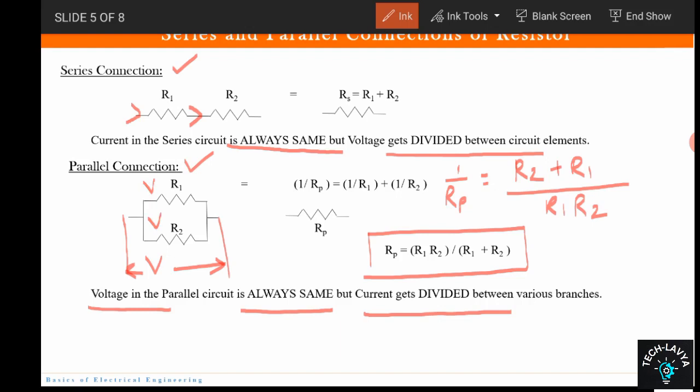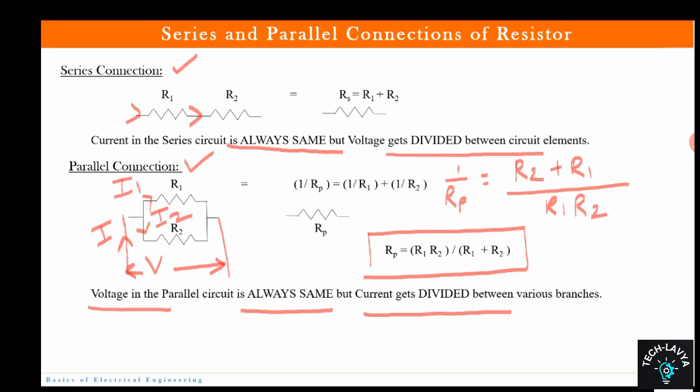But the current gets divided. If this is current I, it gets divided into I1 and I2. So in a parallel circuit the current gets divided, and in a series circuit the voltage gets divided.